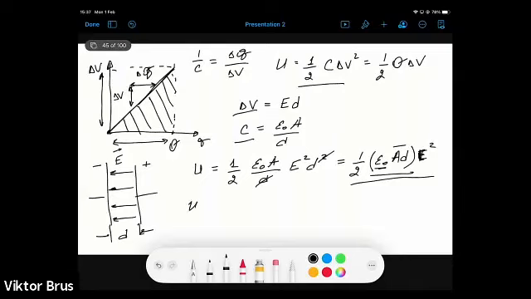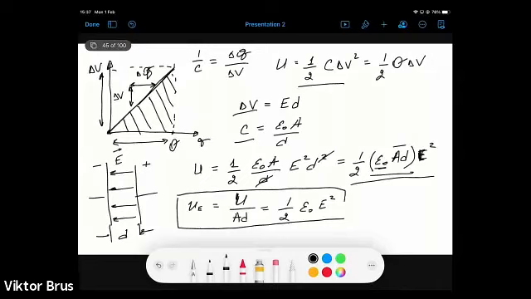This is shown as UE, equal to this capital U divided by the volume, A times D. So we will end up with this equation, 1 over 2 times epsilon 0 times E squared. So this is true for any electric field.